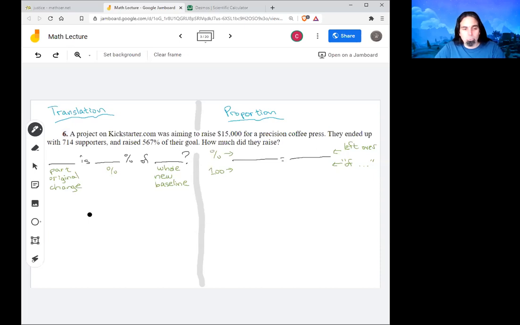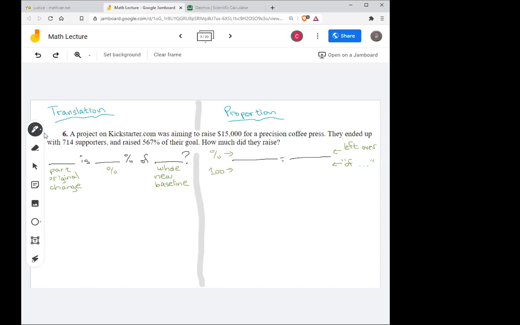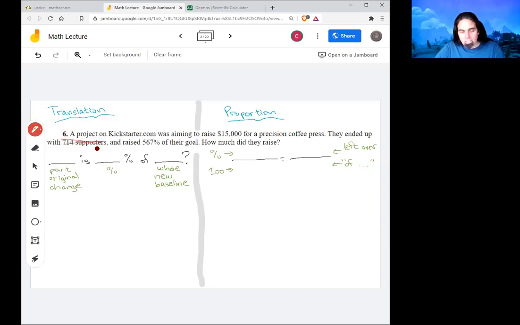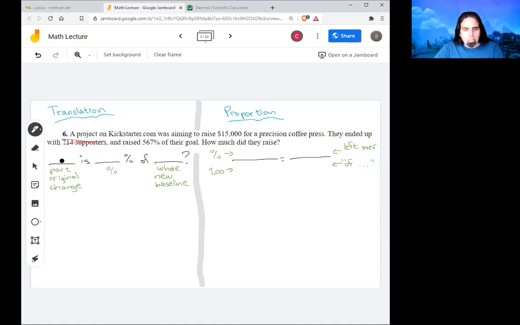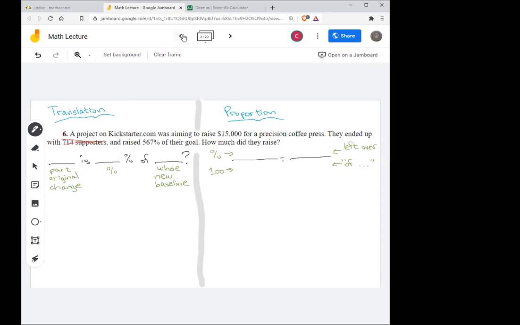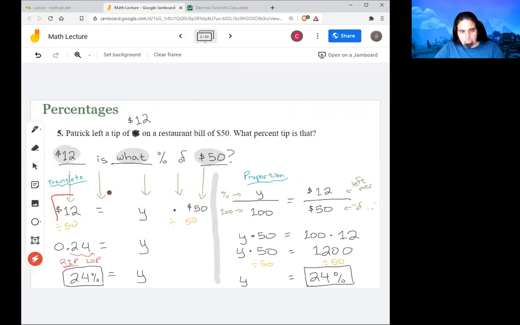Which number can I ignore? The 714. It doesn't matter how many supporters they had. That's just a distraction. Okay, now I will ask, what's the part, the original, the change? So would it be y? No, we know what it is. And again, don't put a y in this first step. Put a what, because we're not translating it yet.